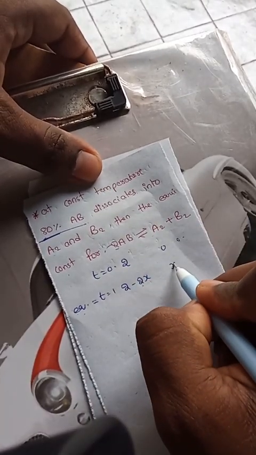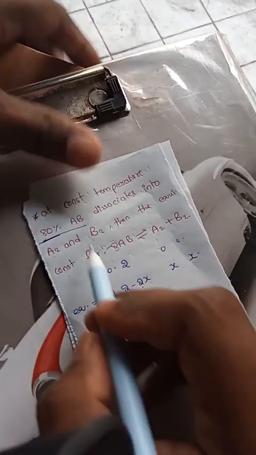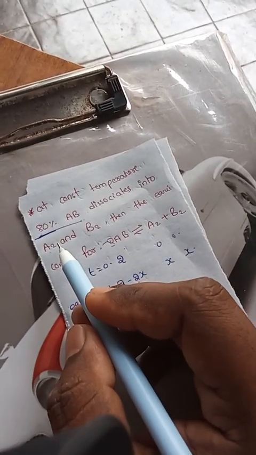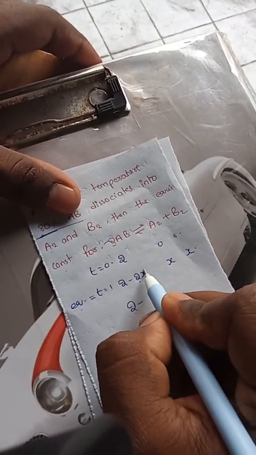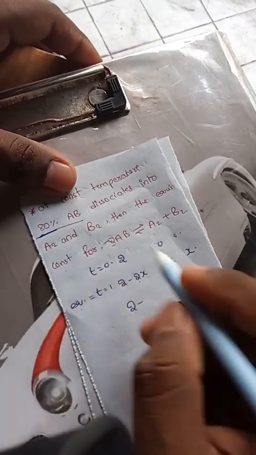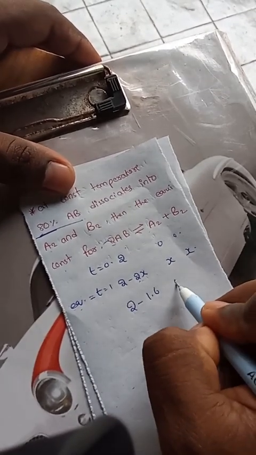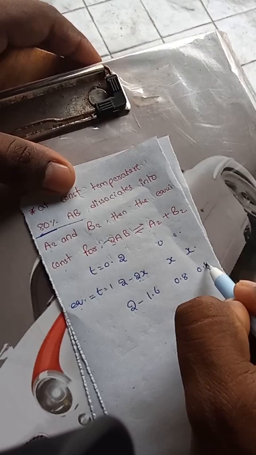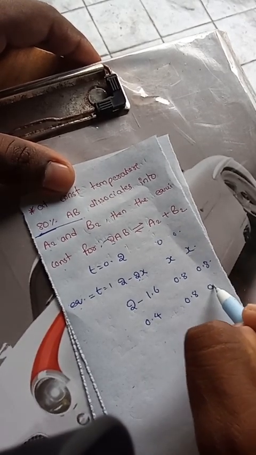Here the x is formed, and we know that the x value is 80%, means 0.8, right? So 2 minus 2 into 0.8 as given. So 2 minus 1.6 is 0.4, and here 0.8 and 0.8.